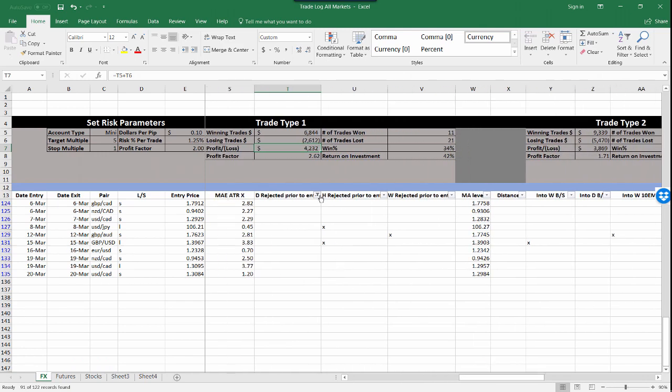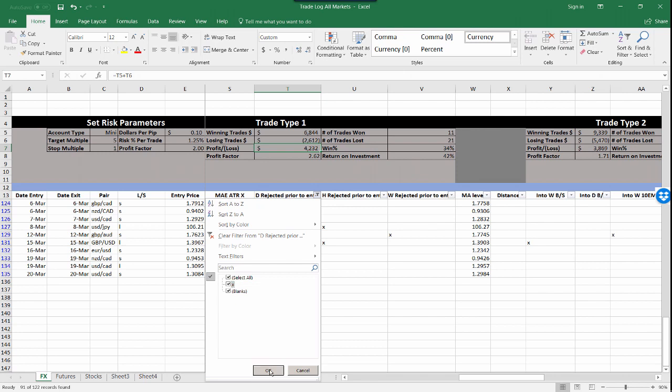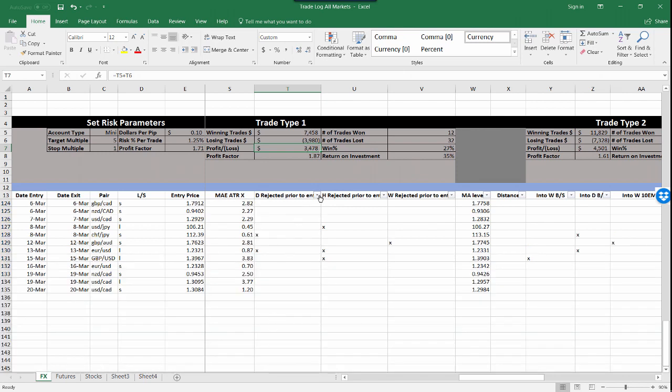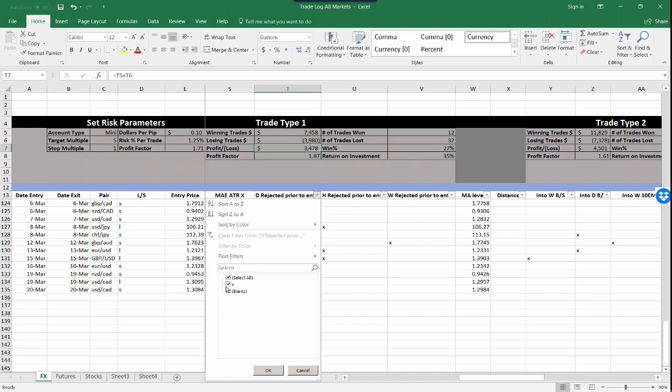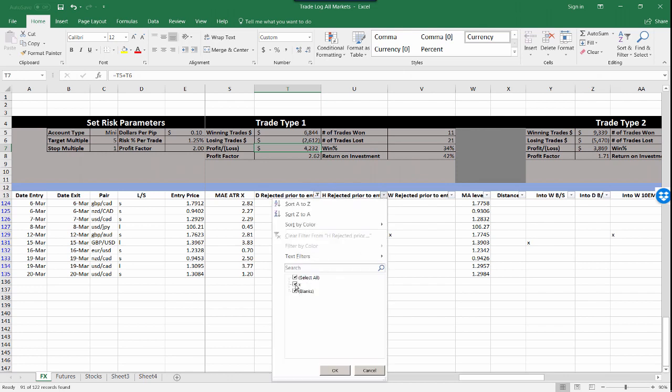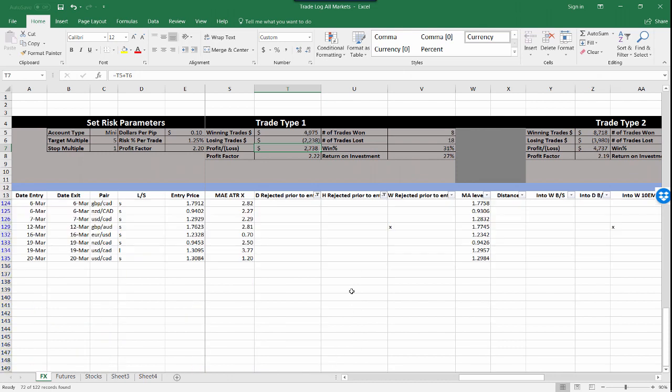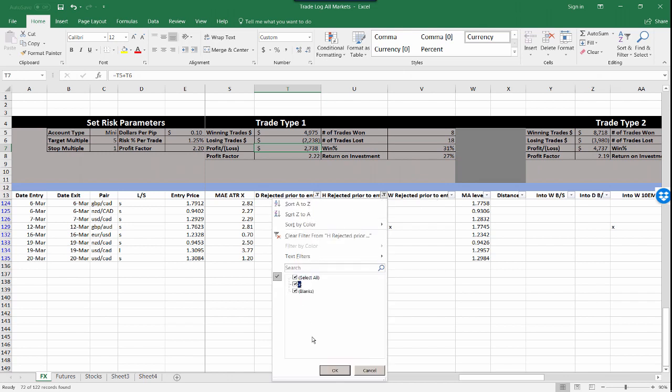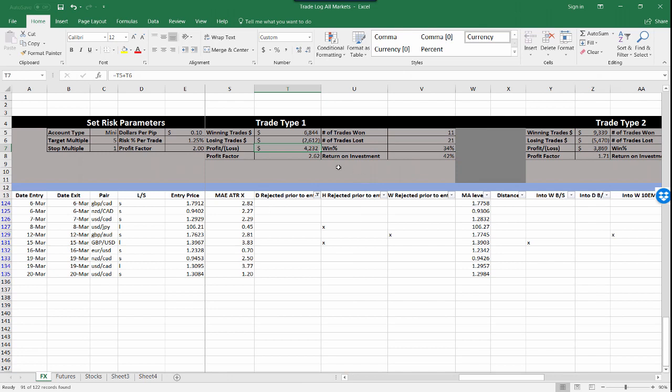Now let's look at trade type 2. Trade type 2 actually goes down. So the importance of this is each trade type is going to have its own unique filter. So now let's take a look at the hourly. If we have an hourly rejection, it makes a huge difference on trade type 2, and it actually drops trade type 1.